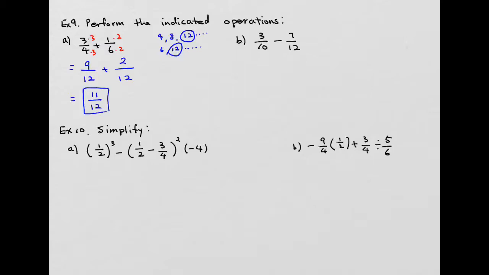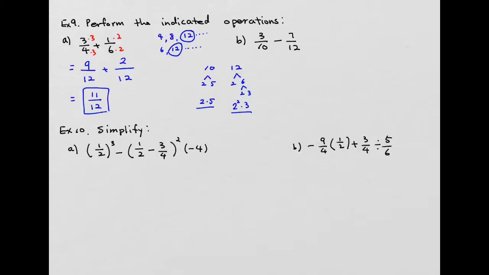Okay, one more. This time I'm going to show you how to find the common denominator from the other section we did, right? So it'll be 2 times 5, 2 times 6, 2 times 3. So 10 is 2 times 5 as the prime factors. And 12 is 2 squared times 3 as the prime factors.